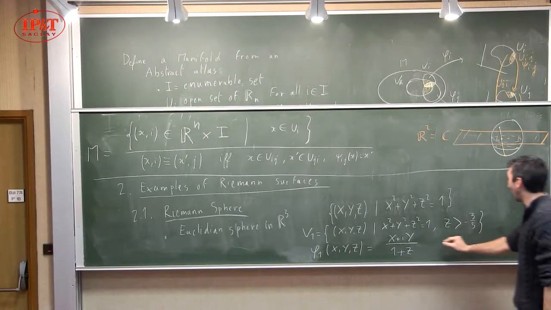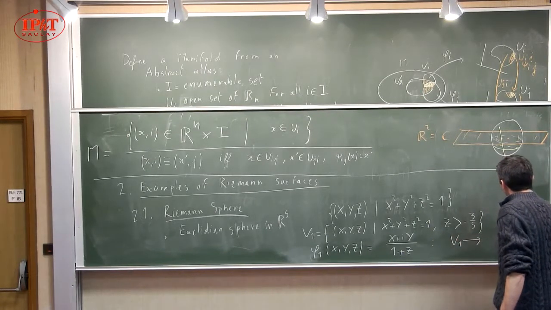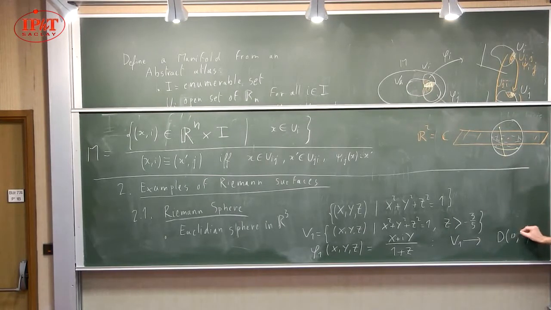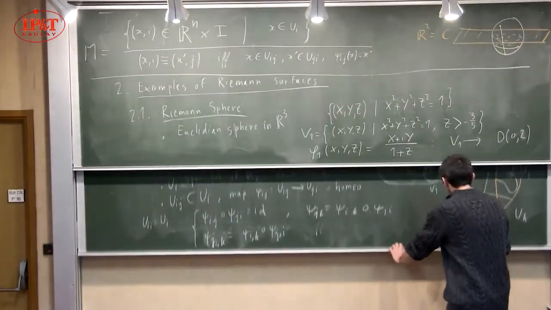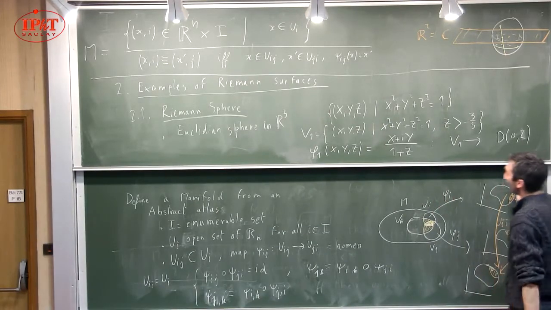So phi 1 maps V1 into the disk of radius 2. I'll let you check, and this is why I chose -3/5, because it gives the radius 2, but I could have chosen something else. The other chart is obtained by choosing the north pole.